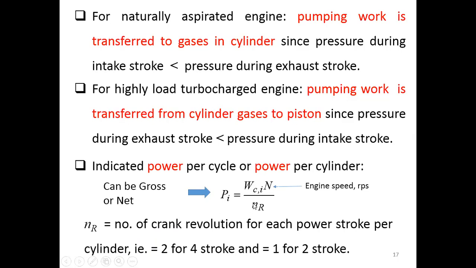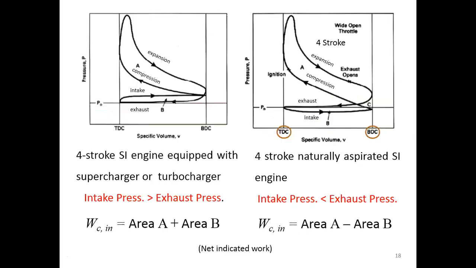So this N sub R has to be equal to 2 for 4-stroke. And for 2-stroke, every round of the crankshaft rotation, we have a power stroke, right? So N sub R equals 1 for the 2-stroke. So this is the expression that we can use to convert from work to power, right? For the indicated power. Okay.